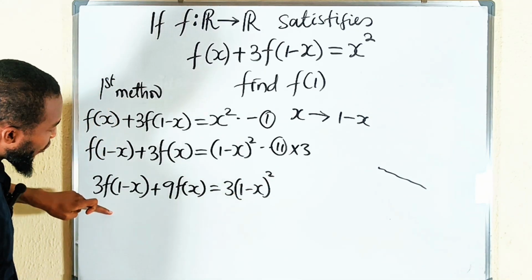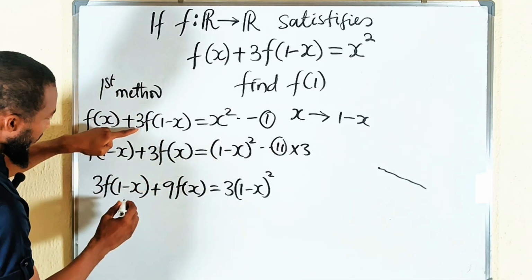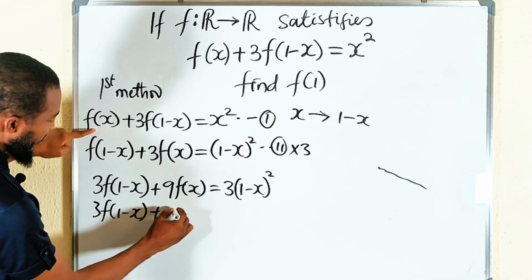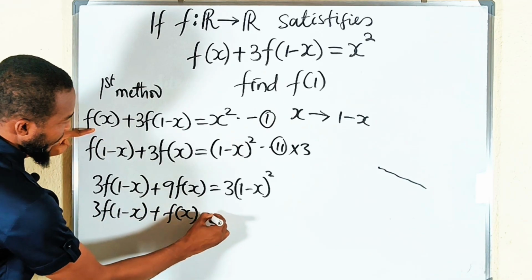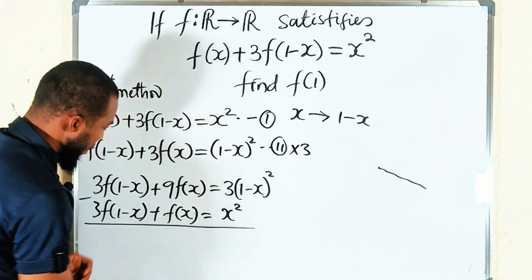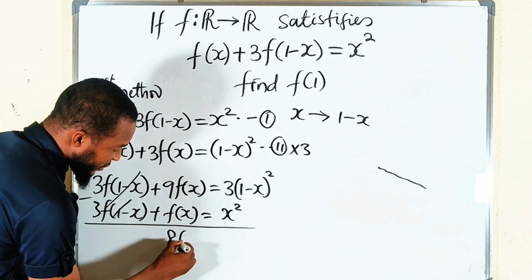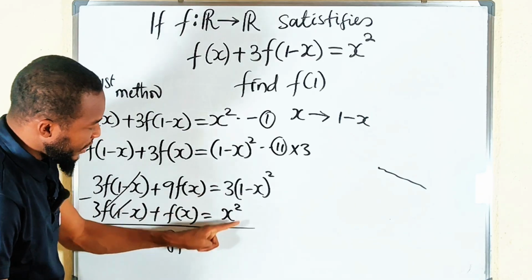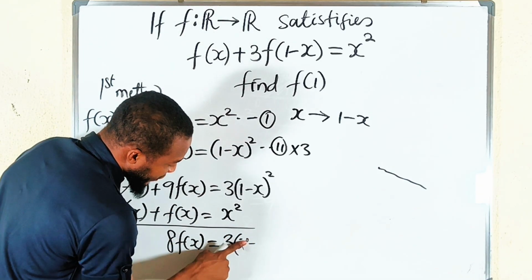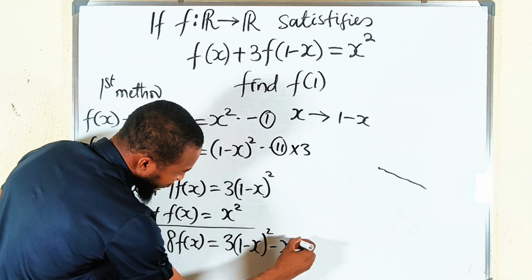Now I would like to bring this one down to subtract. But let's start with this one. You know you can switch them. This is 3 f of 1 minus x, then plus f of x, and the right hand side is x squared. All right, now I would like to subtract. This and this will definitely cancel. This minus this will give us 8 f of x. And this minus this, to the right hand side, 3 times (1 minus x) squared, then minus x squared.